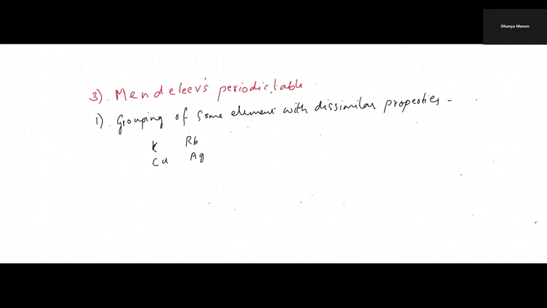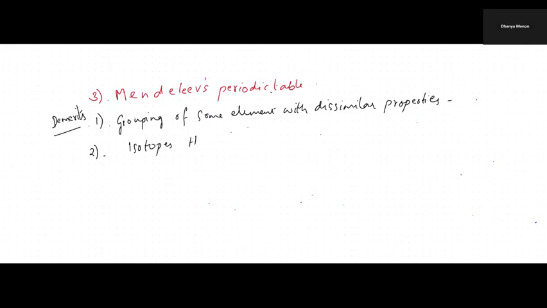So these were defects or demerits. The next demerit was the isotopes of hydrogen. Hydrogen had three isotopes having different atomic masses.